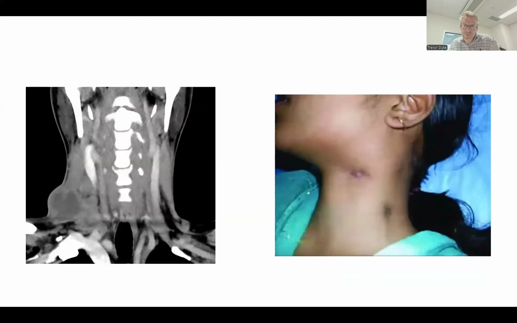This is another child with Mycobacterium scrofulaceum or MAC complex, and you can see there's a sinus in the neck that is draining some pus, and typically you will see it on the CT scan. You can see in the supraclavicular region on the right hand side of this CT scan, you can see the lymph nodes, the adenitis.